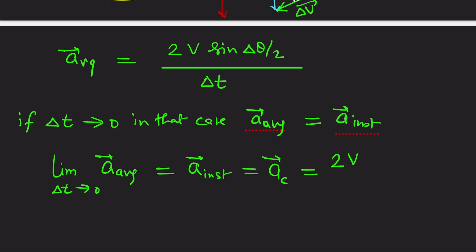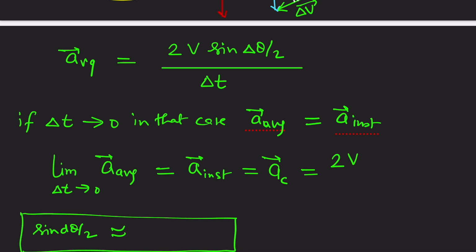Because delta theta by 2 becomes very, very small, let me write down the approximation. If delta theta by 2 is very, very small, then sine d theta by 2 can be written as d theta by 2.